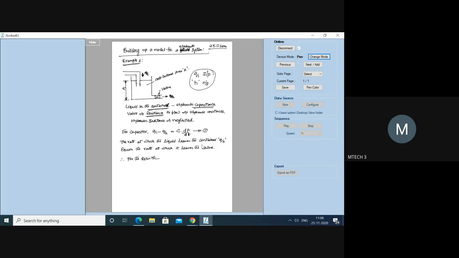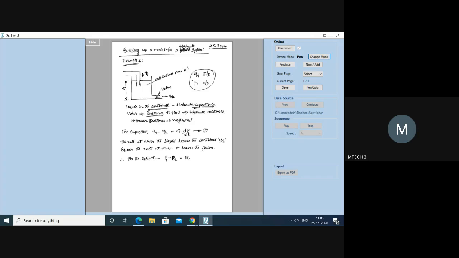R is equal to P1 minus P2 by Q. So P1 minus P2 is equal to R into Q. Now here, which Q is it?